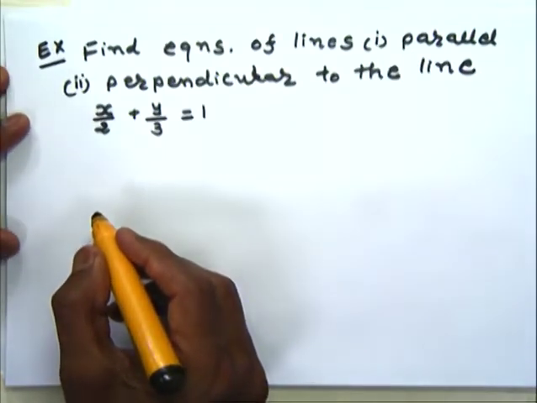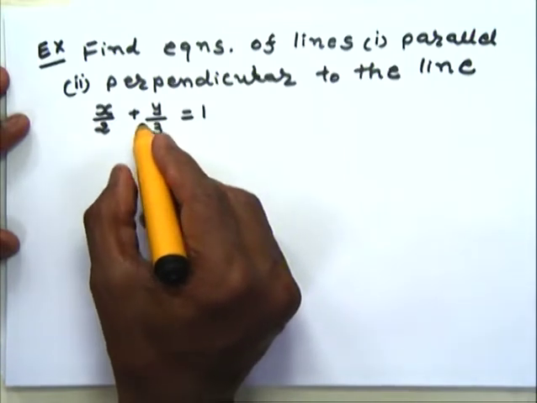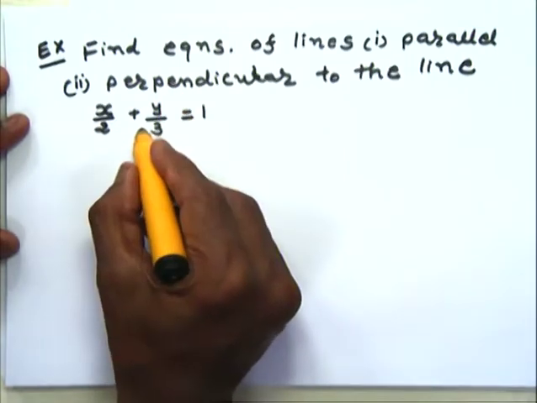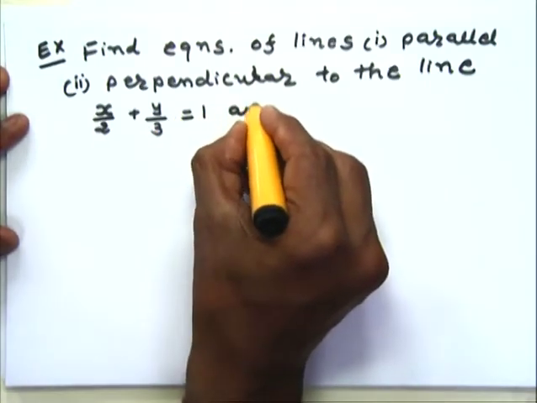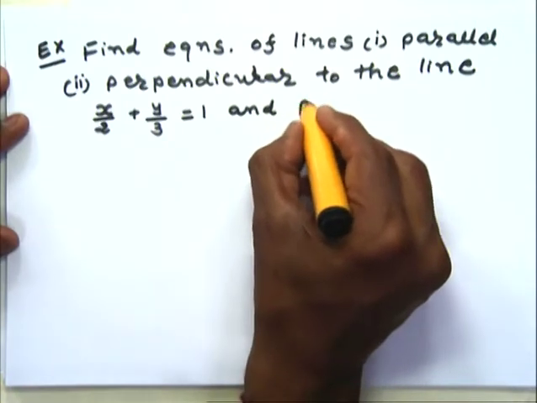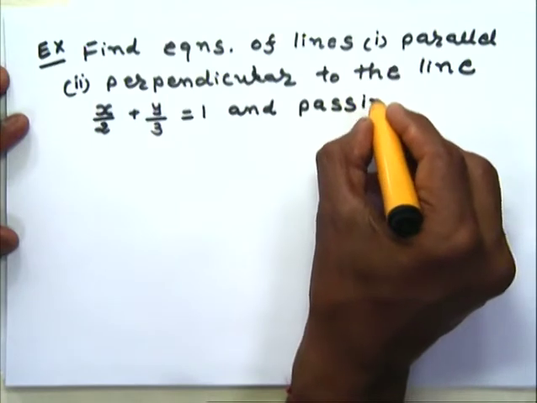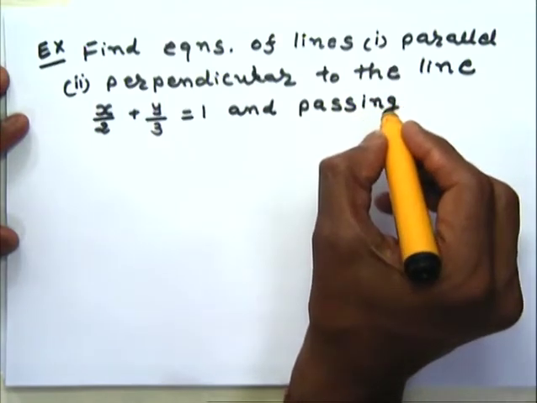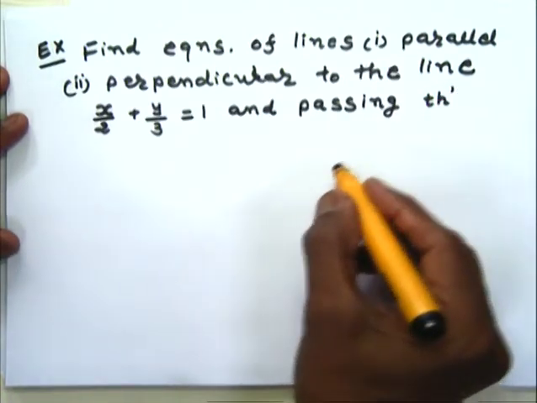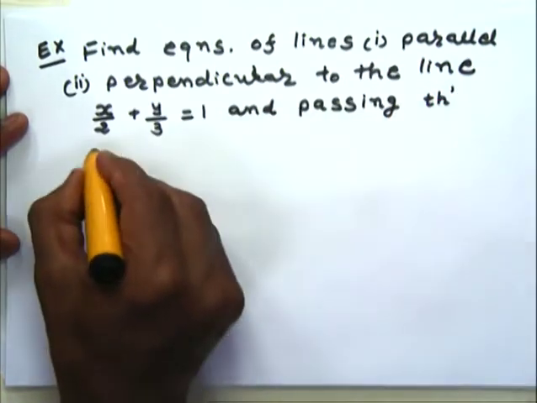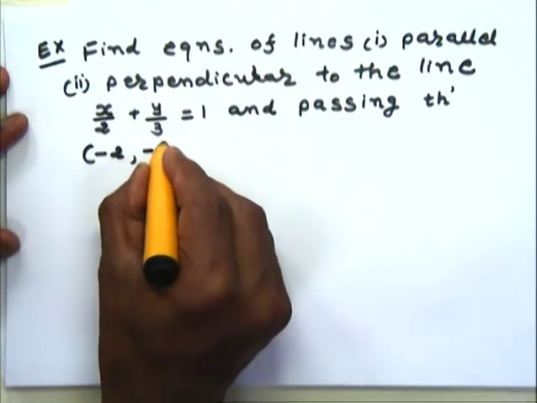The required line number 1 is parallel to this one. Required line number 2 is perpendicular to this one. And it, that is the required one, is passing through the point minus 2, minus 3.